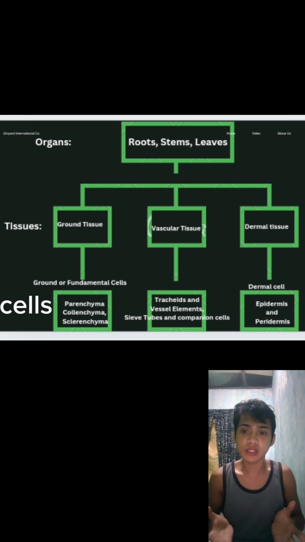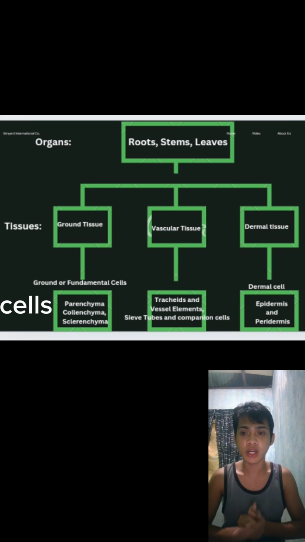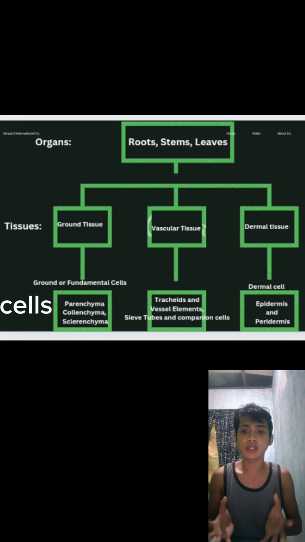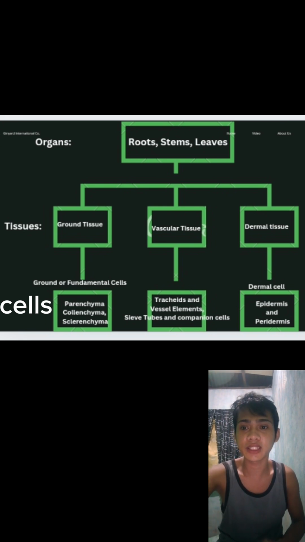Tissues are also a group of similar cells that work together to perform a specific function. The image shows 3 types of tissues. As you can see, there is the ground tissue, the vascular tissue, and the dermal tissue.